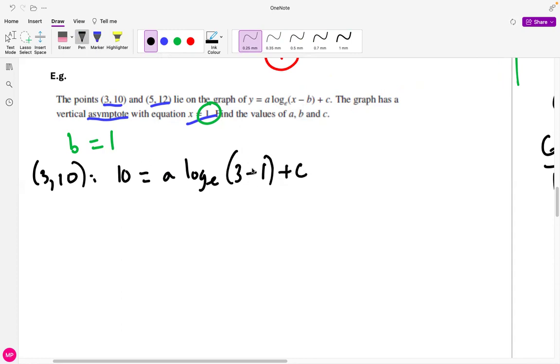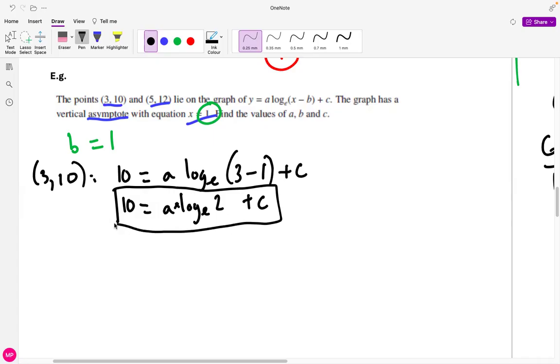Log a of 3 minus 1, 3 minus 1 is 2. You have 10 equal a times log a of 2, and then plus c. All right. Think about log a of 2 is just a constant, a number that you don't know, but you know it's in irrational format.